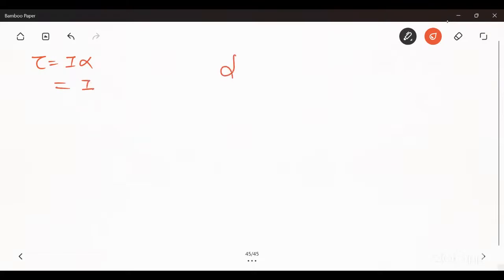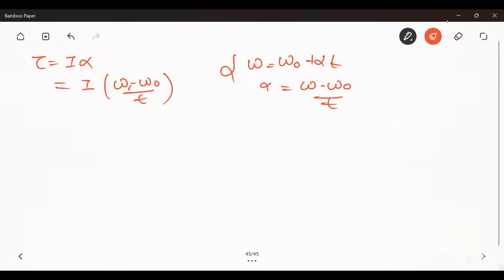So we know that omega equal to omega naught plus alpha t. So alpha is equal to omega minus omega naught by t. So torque is I times omega minus omega naught by t. Omega means the final velocity. So I is 0.3 and omega final is 0. Omega naught is 10 pi and time given is 20 seconds.